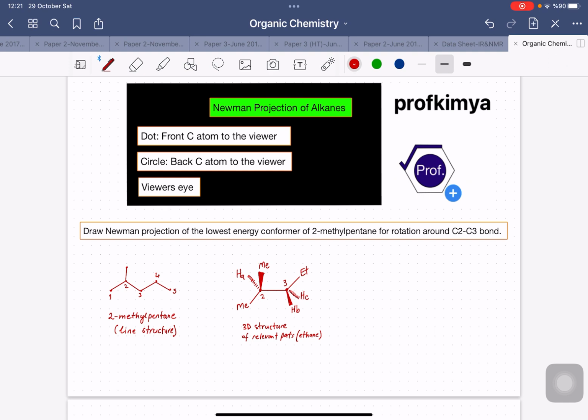Okay, to draw a Newman projection, I need to put an eye which tells me which direction I am looking at. Okay, I am looking from this direction.